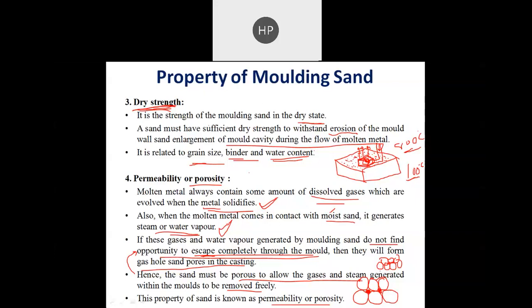With very fine particles the permeability is very low, and it is very difficult for the gas to find a path to escape, while here the gas can easily go through all these gaps and escape, so whatever gas and steam is generated can be easily removed and we can have a sound casting. That's why permeability and porosity are important properties of the molding sand.